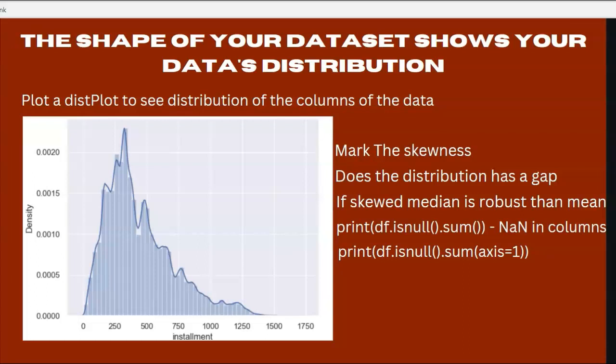We have to do a couple of plots to understand the distribution of the data. In this section we will discuss the shape of the data. Here you see we have a dist plot of a particular column. As you can see, this is skewed.